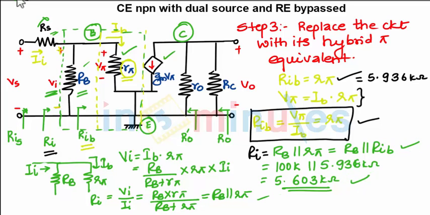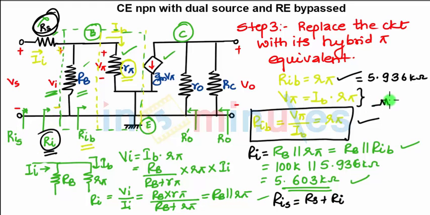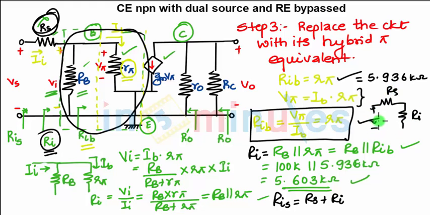Now last is to find the total resistance seen from the source, which is RIS, which is nothing but the source resistance plus this total resistance RI. How? You have RS, and instead of writing RB, you have the total resistance RI, of this entire part, a single resistance. This is your plus minus VS. The current flowing through both the resistances is the same, so they are in series.